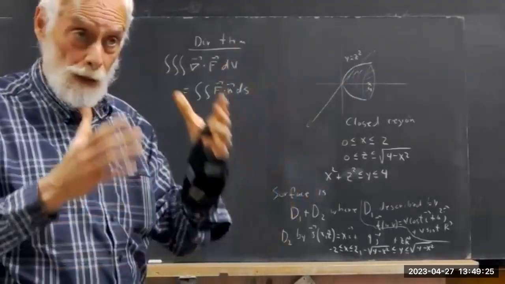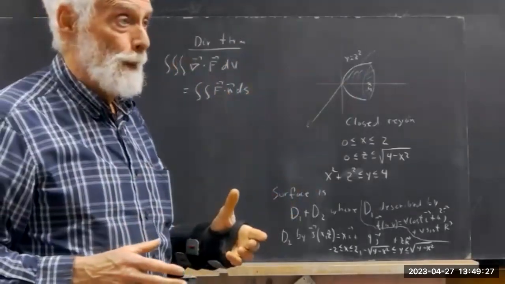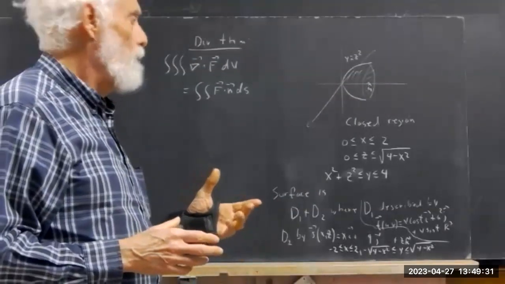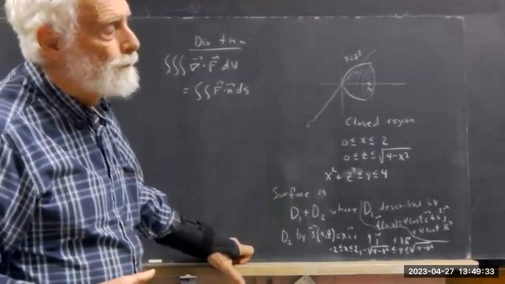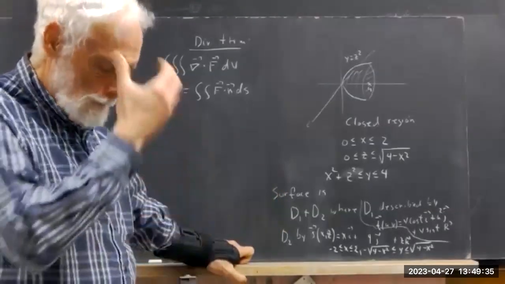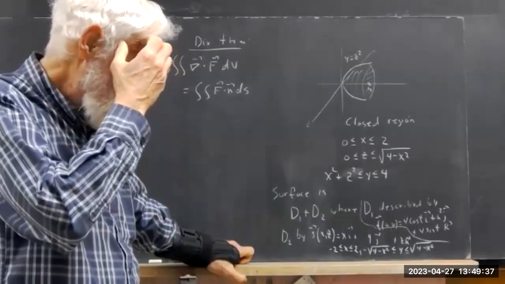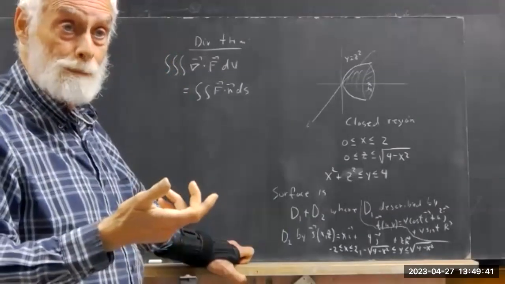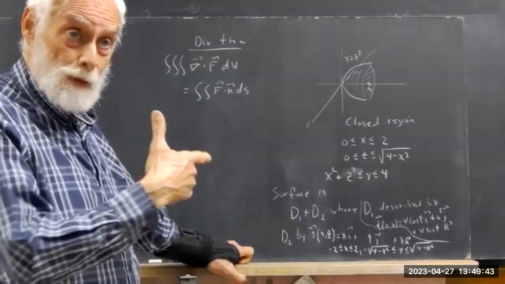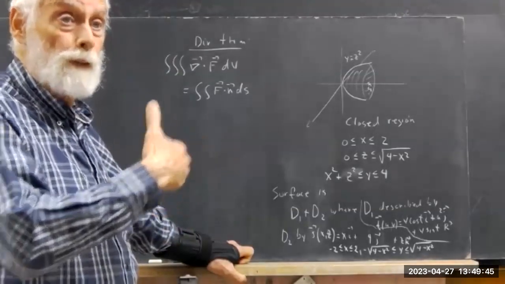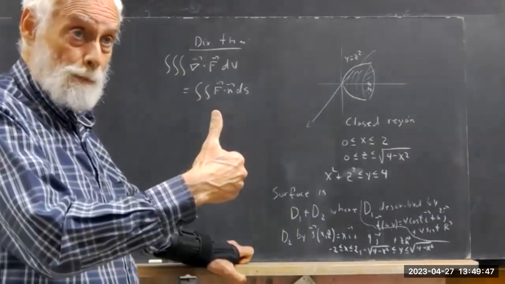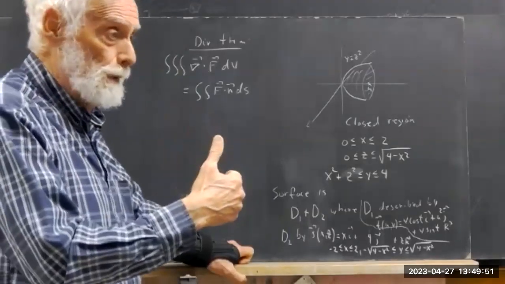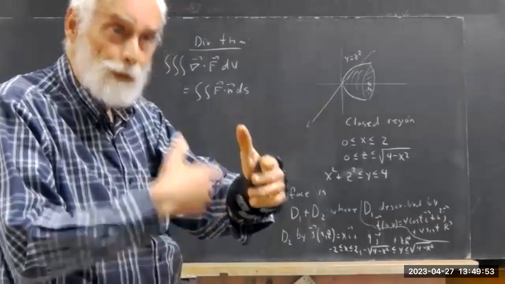And if you don't understand that F dot N, well, I should qualify it. If N is the unit vector, then F dot N is going to be the component of F in the direction of N. If N isn't a unit vector, then F dot N is going to be the magnitude of N times that.